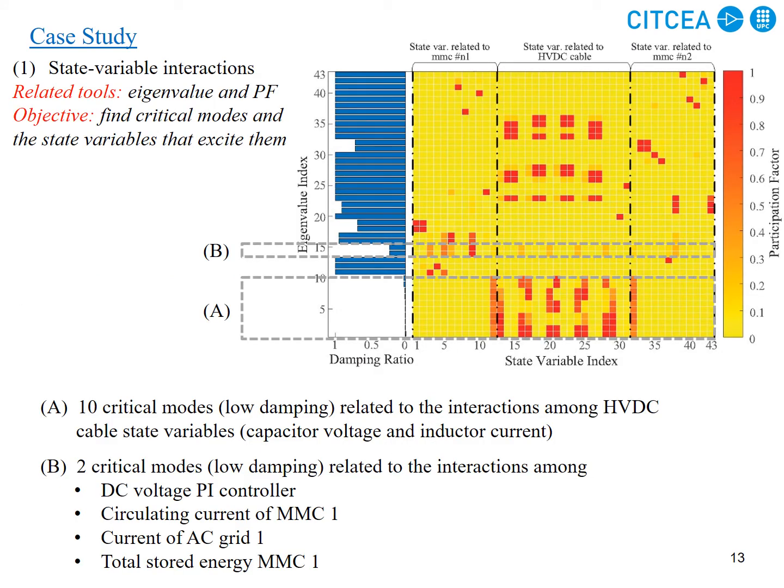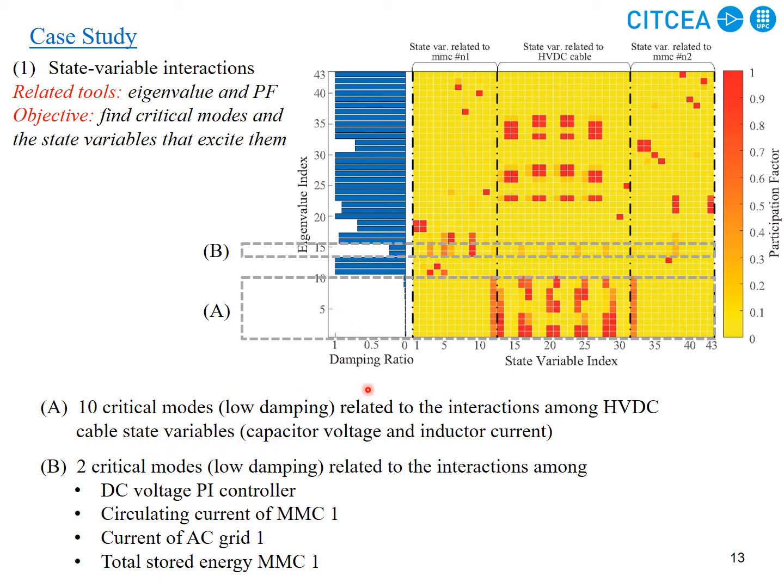First, let's take a look at the state variables interaction as the first category. We are using eigenvalue analysis and participation factor, and here A and B are the critical modes of the system. 10 modes are here and 2 modes are here. These are very high frequency modes, and they are excited by the state variables.